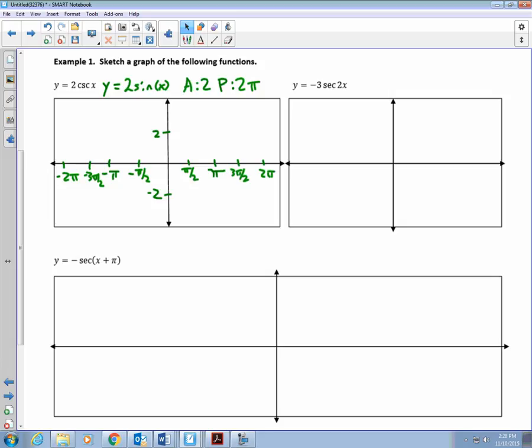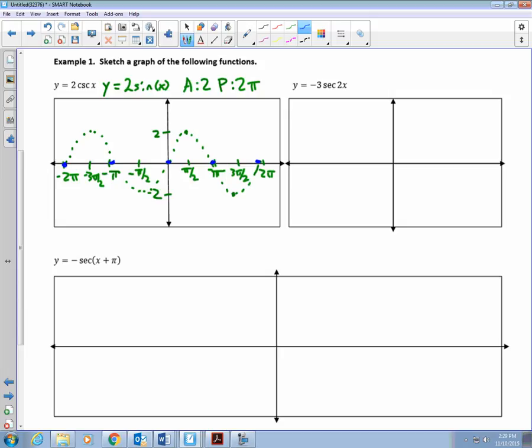Start max, min, or middle? Middle. Up or down? Up. Now what? What do we call them? I mark all the zeros.